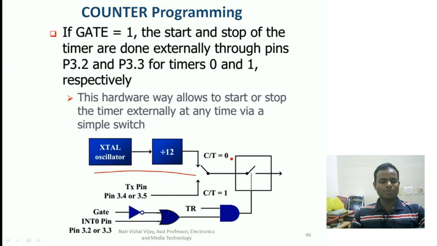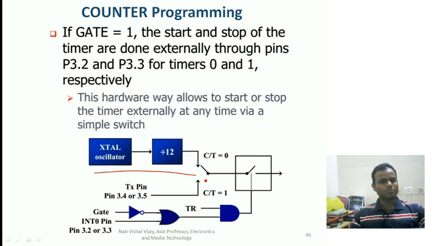And how does this counter operation work? If your external gate pin is set to 1, this is an OR gate, and your timer run bit is set, then you have a counter operation which operates independent of your internal clock frequency. It counts your external clock frequency. This is the basic function of a timer and a counter operation.